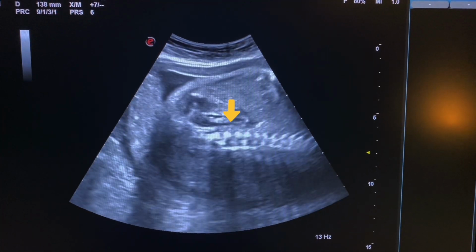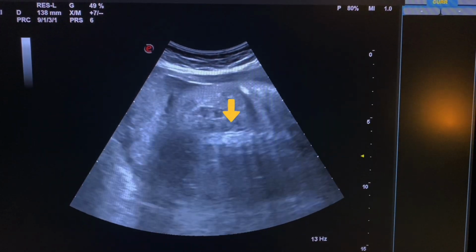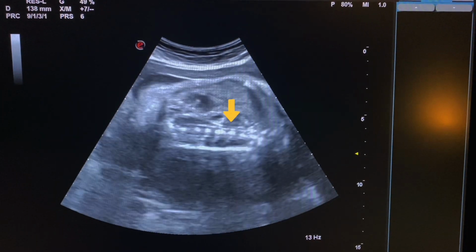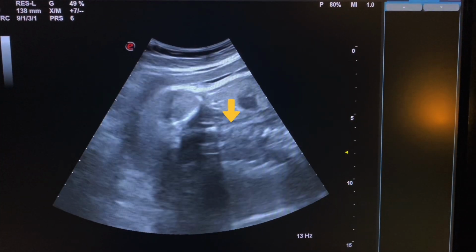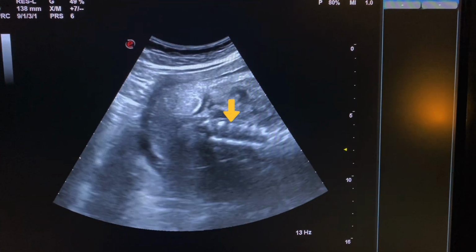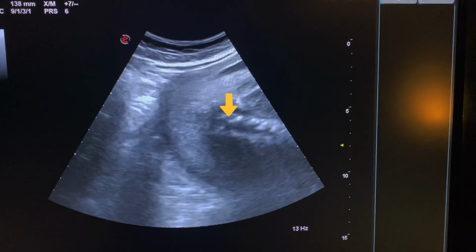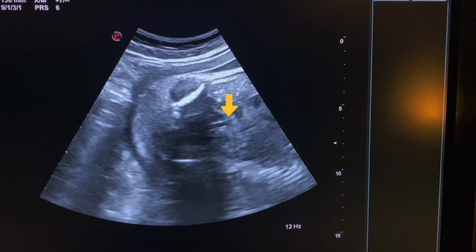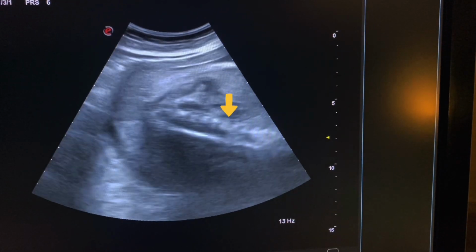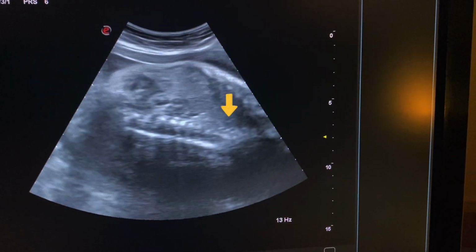Here we see the vertebra of the fetus. If there is a missing vertebra, then it will be spina bifida, or if there is a cystic area in the spine, then it could be a meningocele.